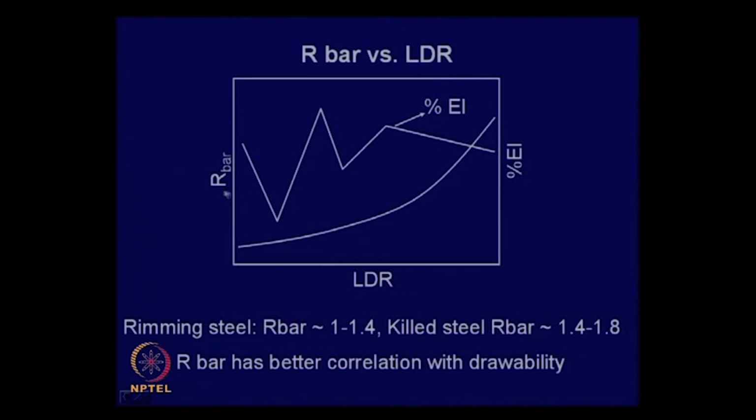Most other deformation processes we go by percentage elongation, and you will find that even if you do, it is erratic. It does not have a direct correlation with LDR.